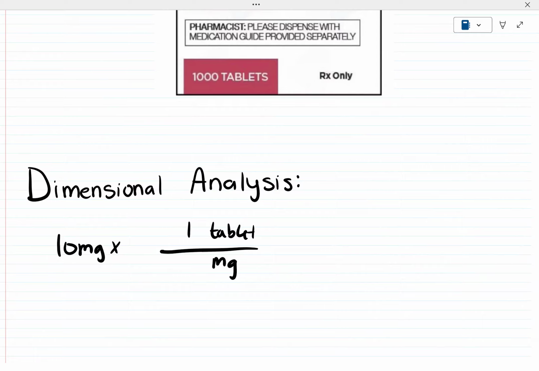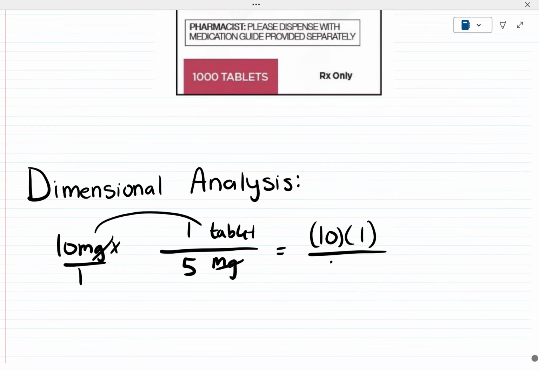For 1 tablet, there's 5 mg, and the mg cancels, and then multiply across. 10 times 1 is 10 over 5, which is 2 tablets.